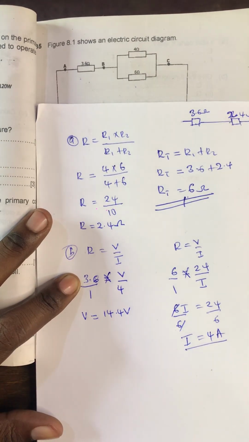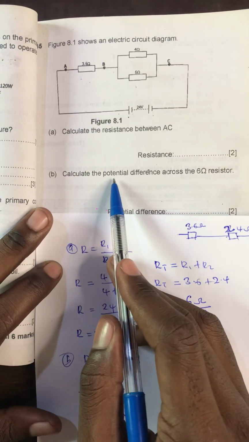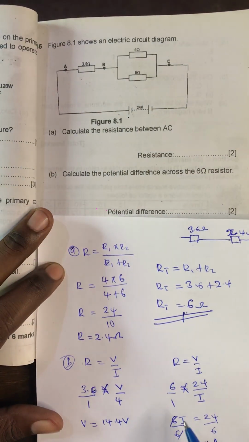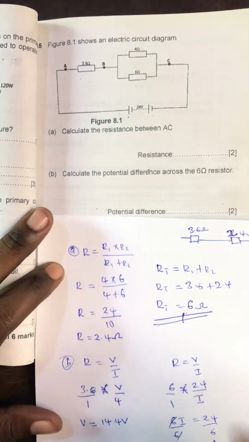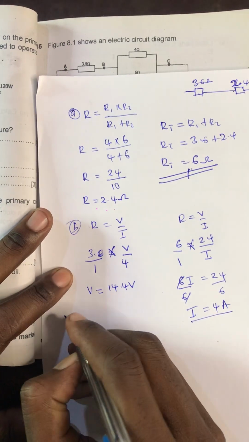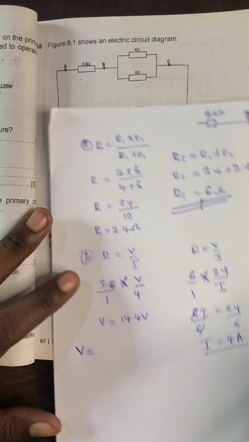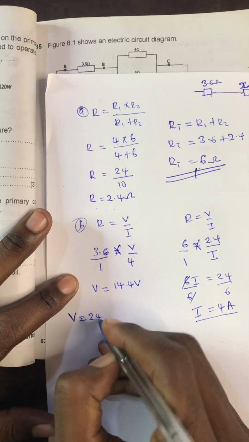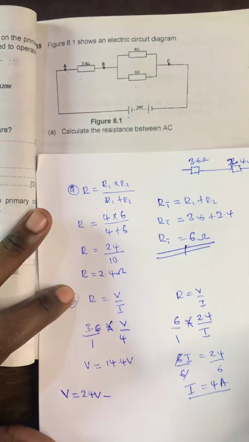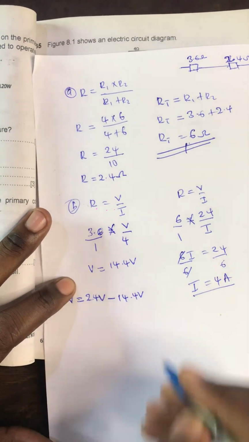But this is not the final answer. Remember, the question says calculate the voltage or the potential difference across the 6 ohms resistor. So now to get the voltage across the 6 ohms resistor, we are just going to say voltage is equal to, what is the total voltage? It is 24. So we shall say 24 volts minus the voltage here was 14.4 volts.